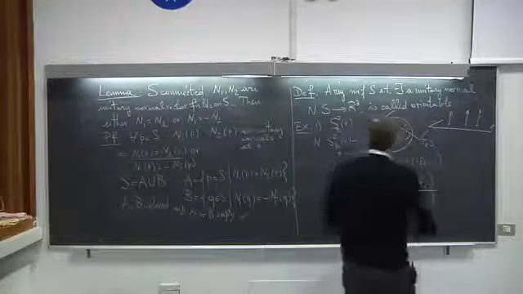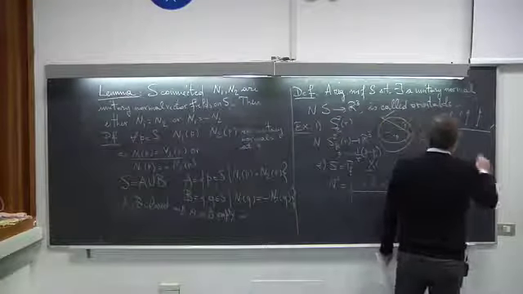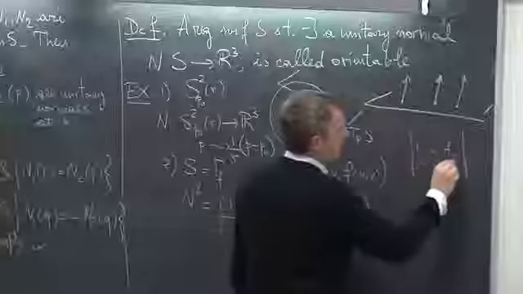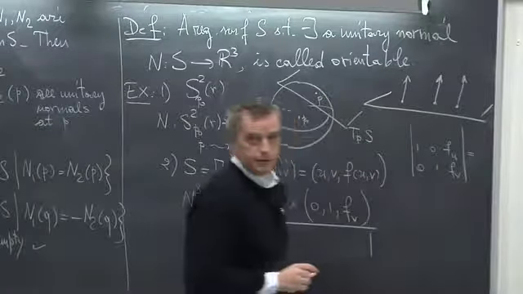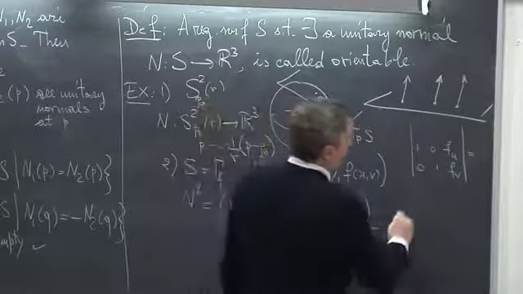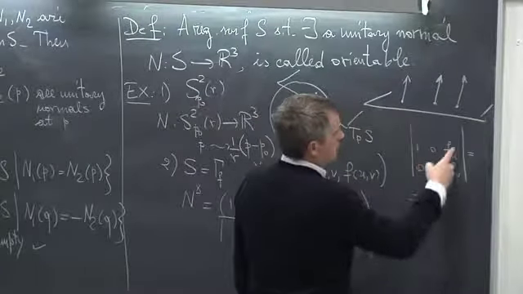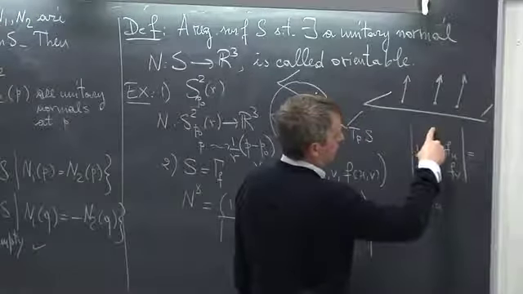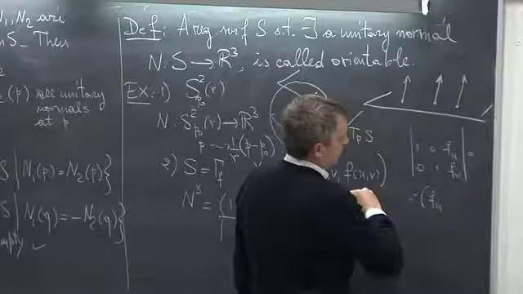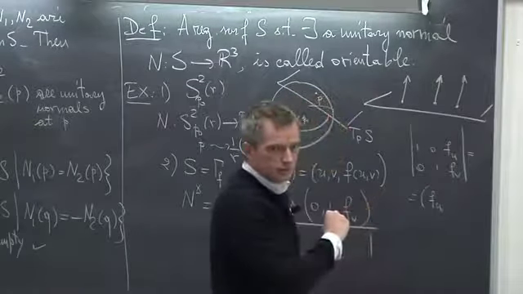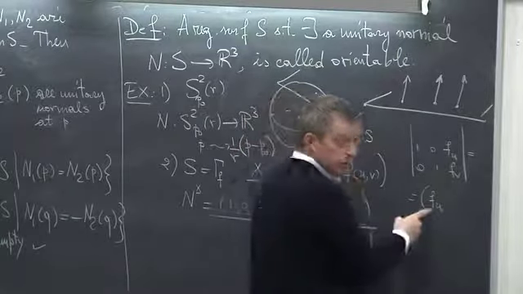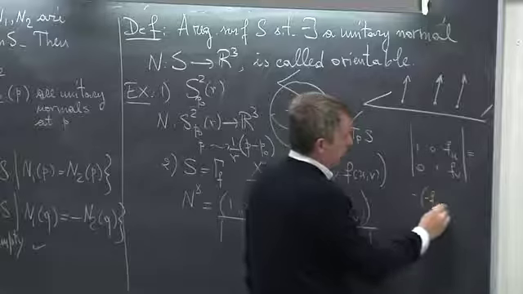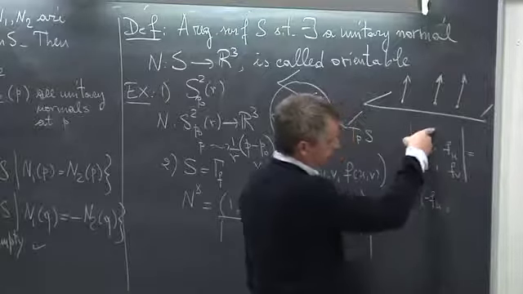Okay, so let's do it. Pick your favorite way to compute the wedge product. So this is (1, 0, f_u), (0, 1, f_v). Which vector is this? This is minus f_u, minus f_v, 1.